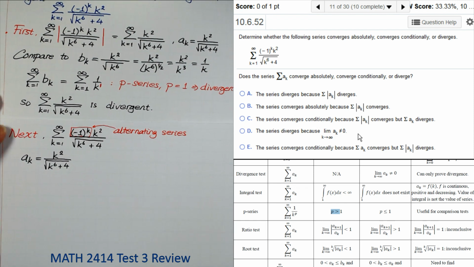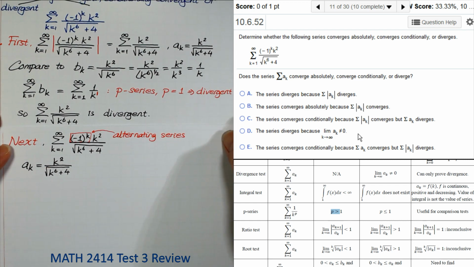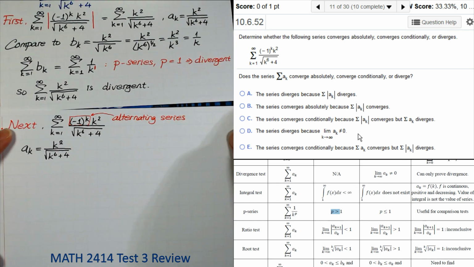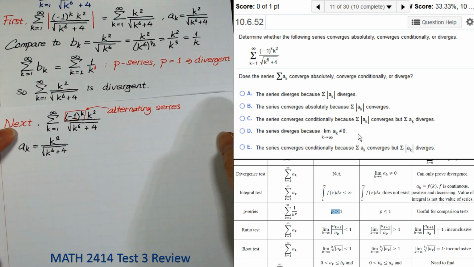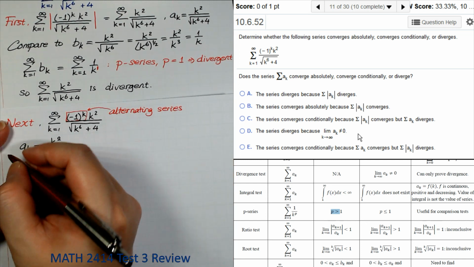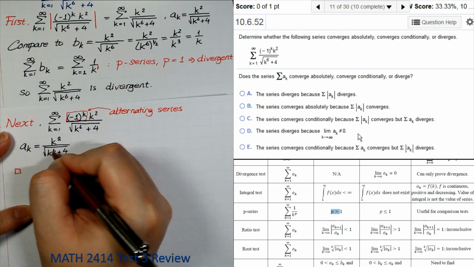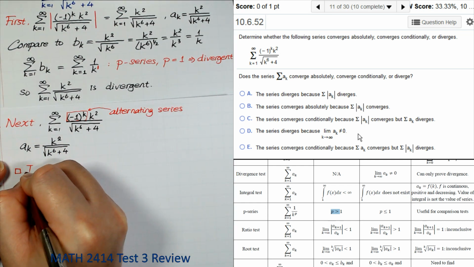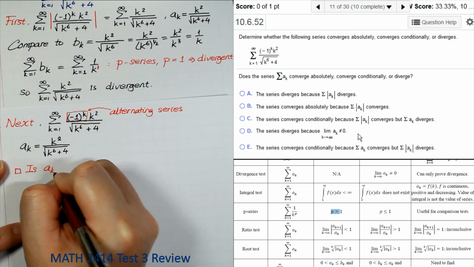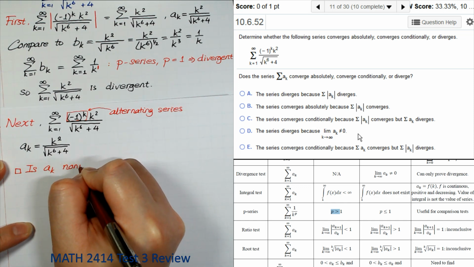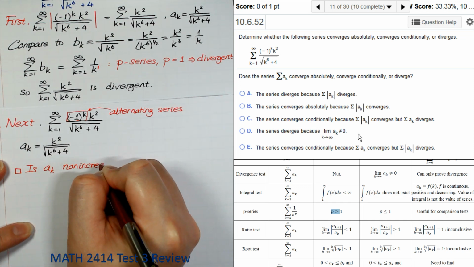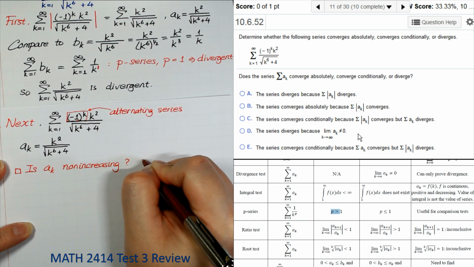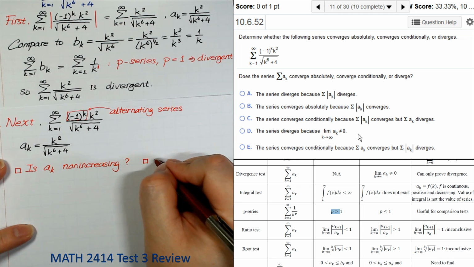For this one, if we use the alternating series test, showing that it is decreasing is kind of difficult. We need non-increasing, and the limit going to 0.